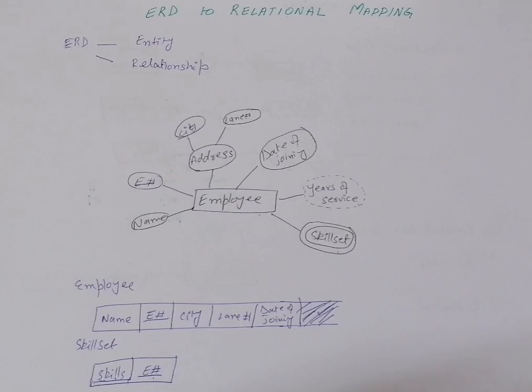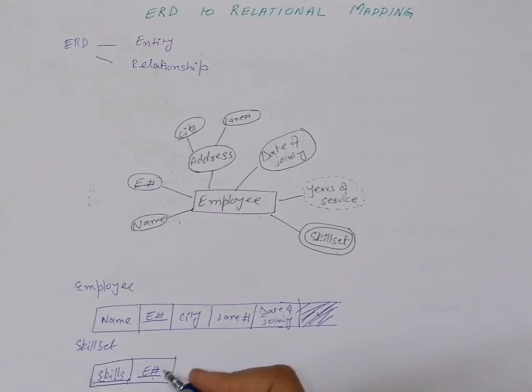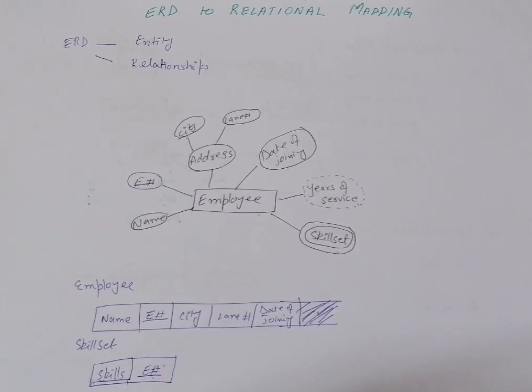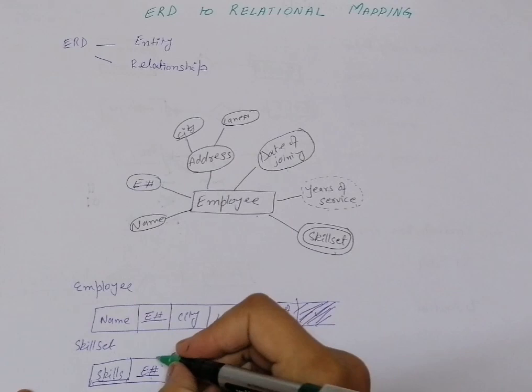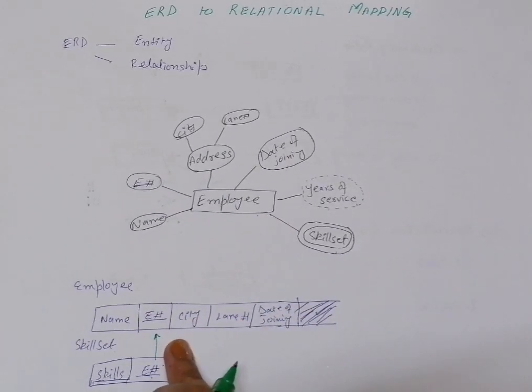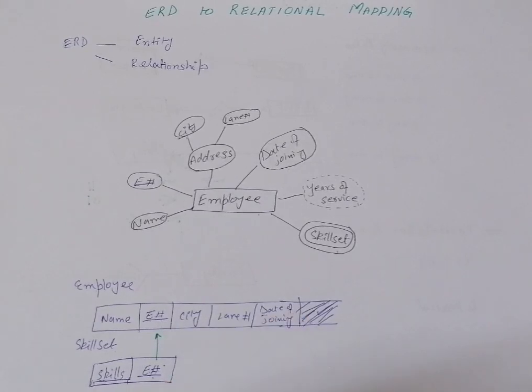This is the foreign key that is being imported from the employee key. So our employee number, or employee identifier, is a foreign key from this particular employee table, or this is the primary key of the employee table that has appeared as a foreign key over here. Okay, so this is how we basically model any entity to a relational model.